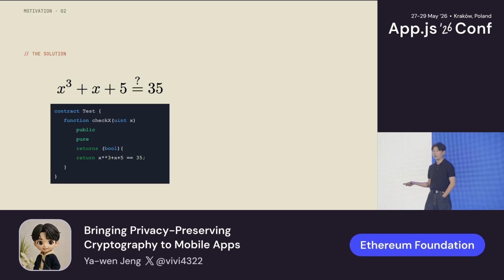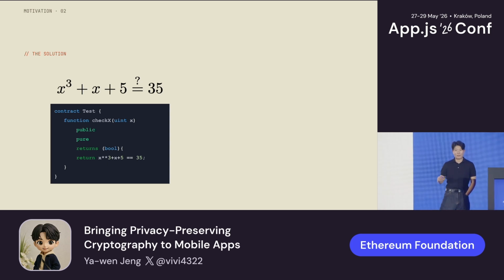It returns true if you know the X, and false if you don't. But on blockchain, if you submit this X, your data is revealed, so other people can also claim that they know this X, and your privacy breaks.